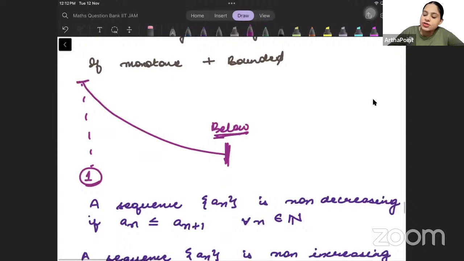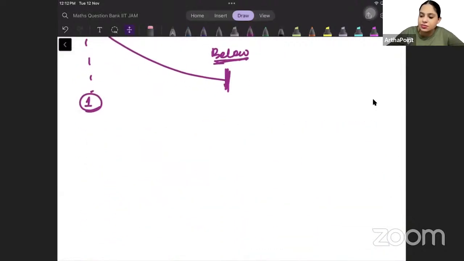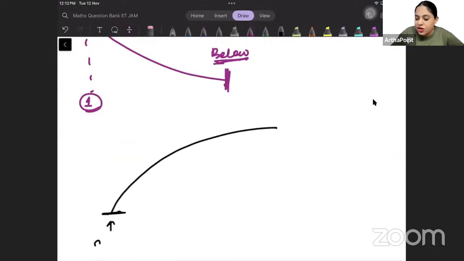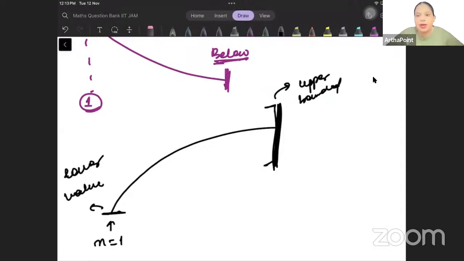Similarly, if a sequence is increasing, the lower bound I know in this case is the value when n is 1. But if an upper bound exists, if it is bounded above also, so if a sequence is bounded below and bounded above, it is bounded.